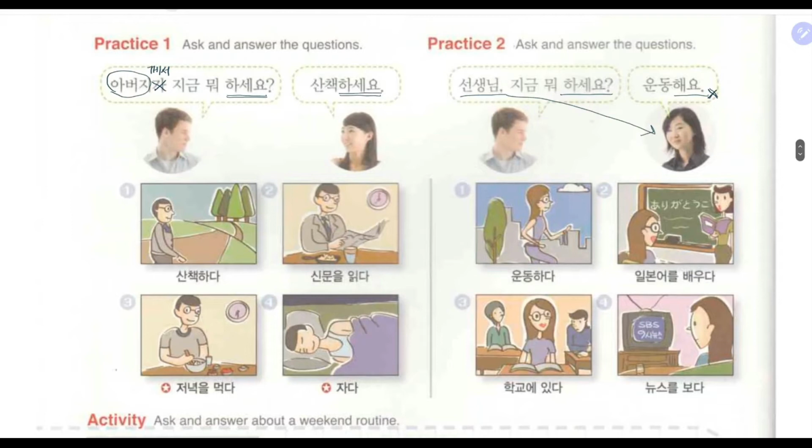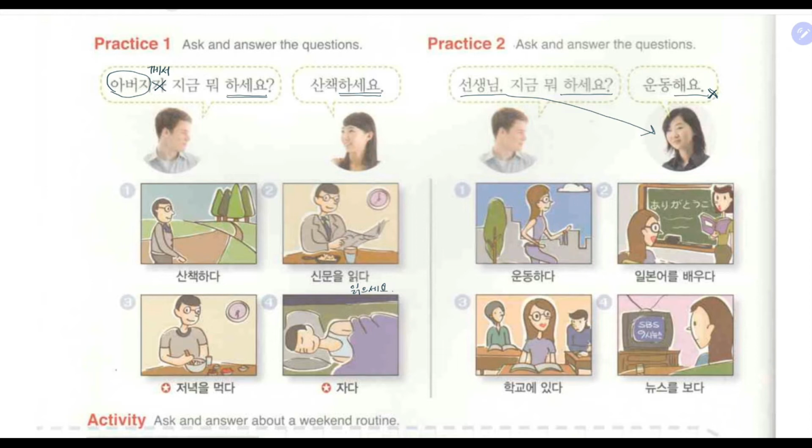자, 그러면 let's practice the first case. So, we stick to the subject 아버지. 아버지께서 지금 뭐 하세요? 산책하세요. Number 1 is already given. 자, number 2 봅시다. If I ask, 아버지께서 지금 뭐 하세요? You can answer what? 신문을 읽으세요.